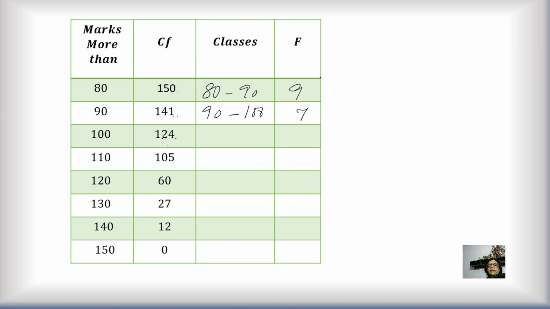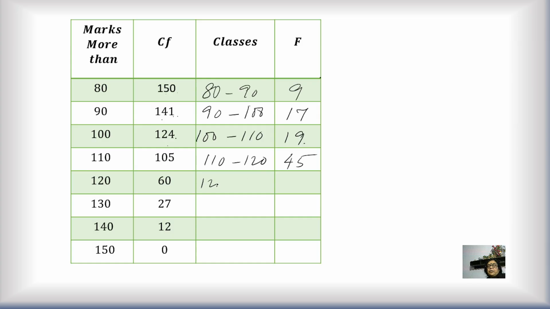And then we get over here 3 minus 2, that is 1, to 70. 100 to 110. The next class interval over here will be 24 minus 5, that is equal to 19. Then we have 110 to 120. So this will be 105 minus 60, that is 45.